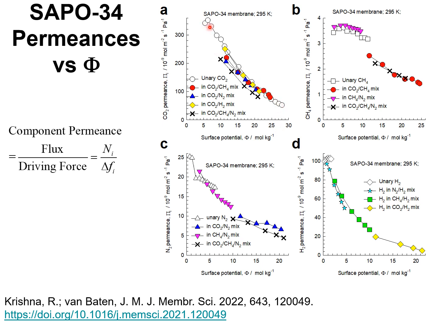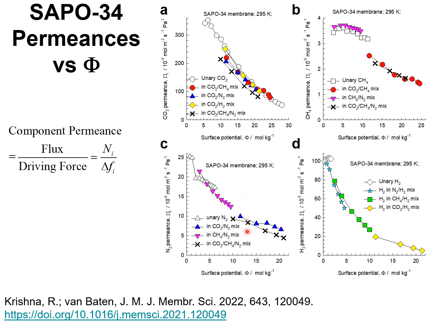The unary permeances are indicated by the open symbols, and the filled symbols are the corresponding component permeances in either binary mixtures or in ternary mixtures. For all four gas components, we see that the permeances in the mixture, be it binary or ternary, have nearly the same value as the unary permeance.